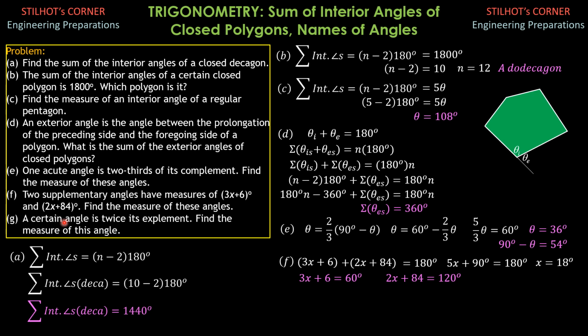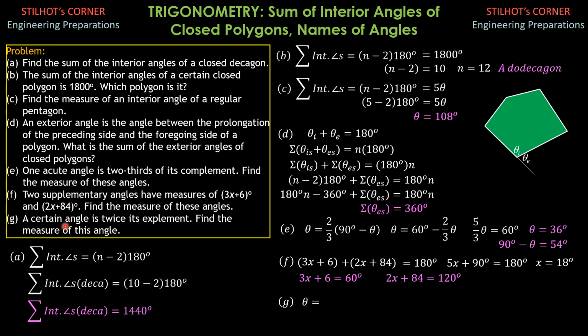G, final. A certain angle is twice its explement. Find the measure of this angle. If we denote the certain angle as theta, then it is 2 times its explement. The explement of theta is 360 degrees minus the angle theta.